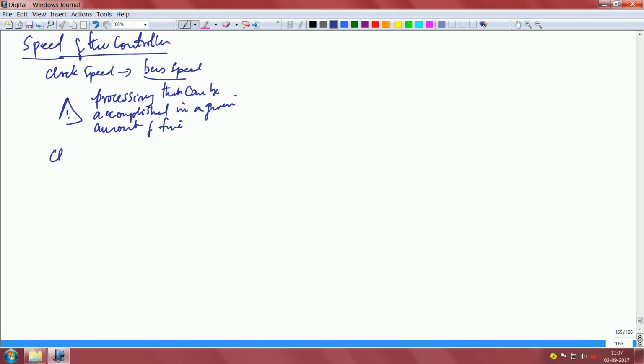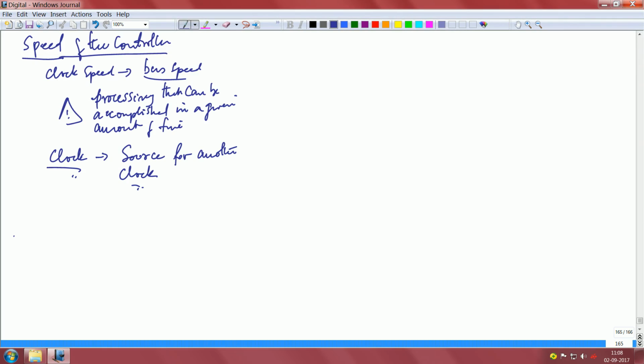When you talk about the clock of the CPU, you have to understand it in a lot more detail, because it can be the source for another clock. If you look at the MSP430 or any one of them, there will be many clocks. The basic clock can be used to generate other clocks, and that is very critical.